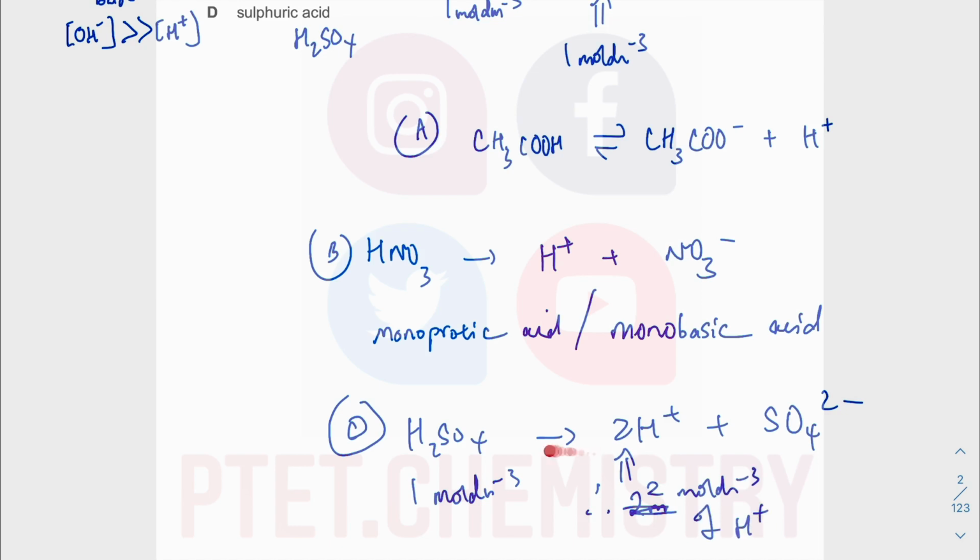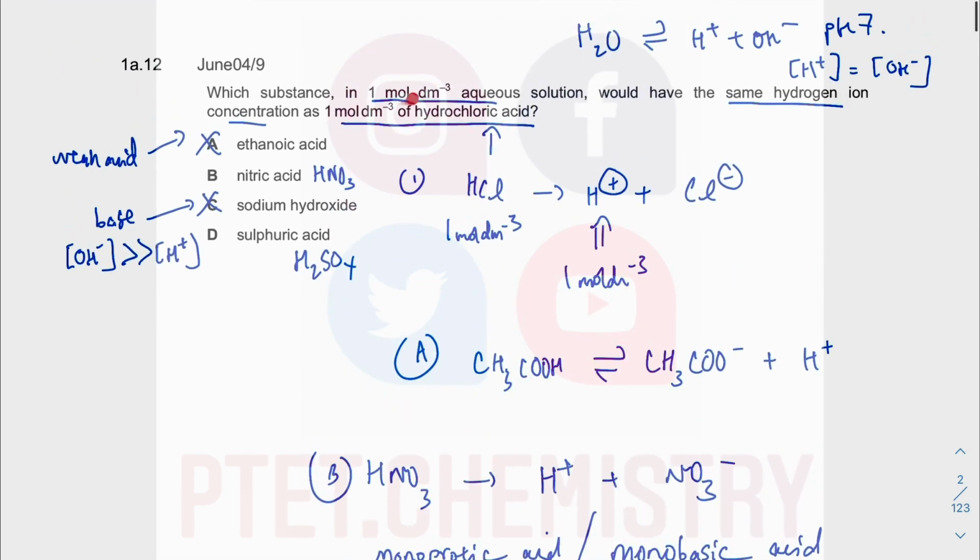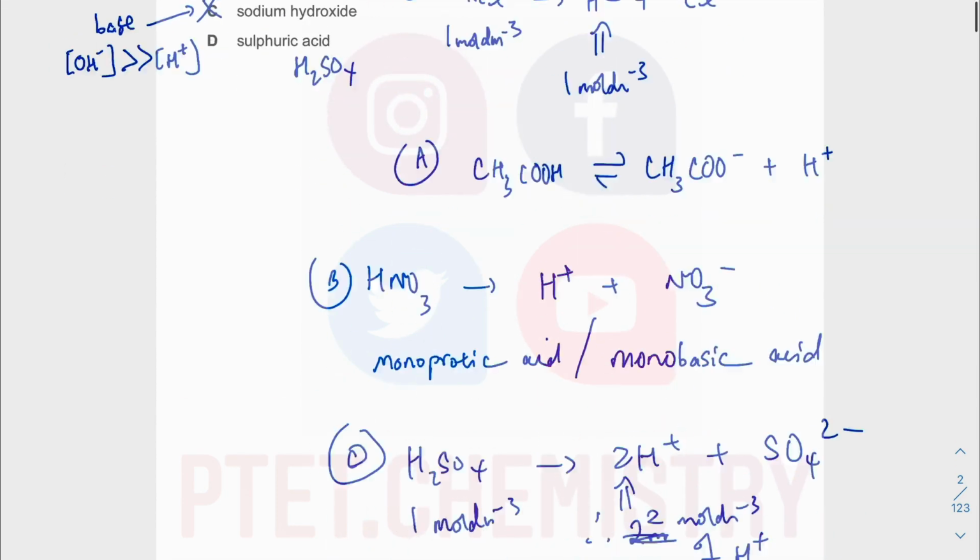It's a strong acid, it dissociates fully, and because of the stoichiometry, it will actually give you 2 mole per dm cube of H plus. You want 1 mole per dm cube of it to have the same concentration of hydrogen ion as the 1 mole per dm cube of hydrochloric acid. Has to be the nitric acid and not the sulfuric acid. Okay, I hope that makes sense then.